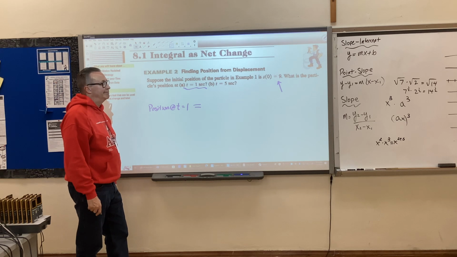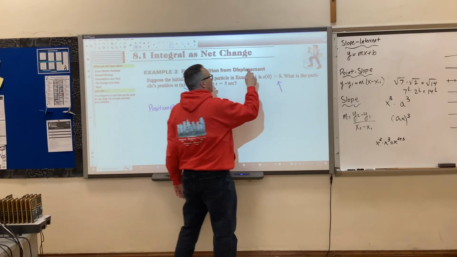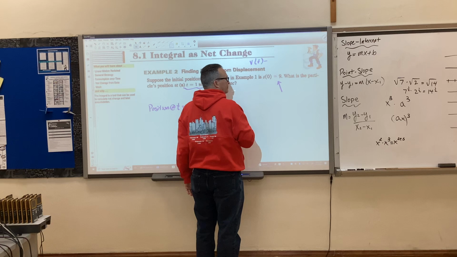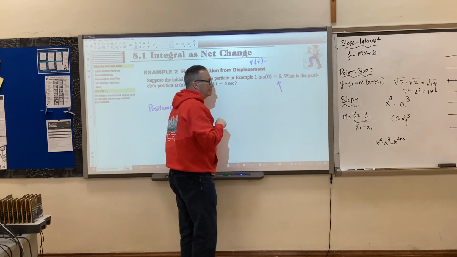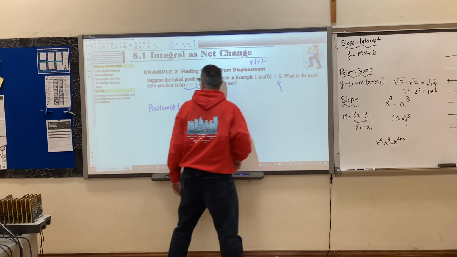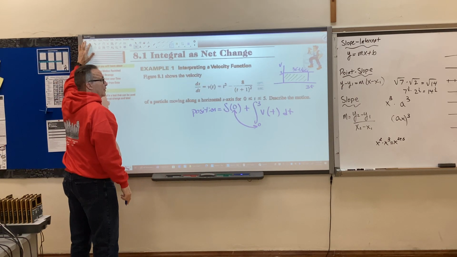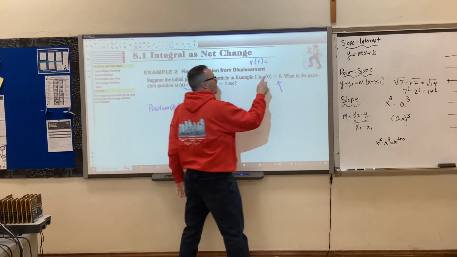Oh, we have to write these equations first. Well, we know the velocity function. It's t squared minus something. Is it t squared minus 8 over (t plus 1) squared?